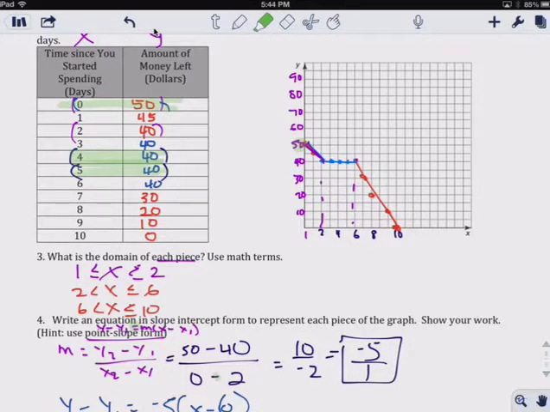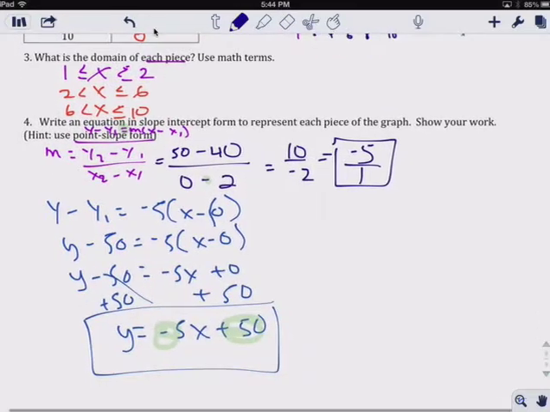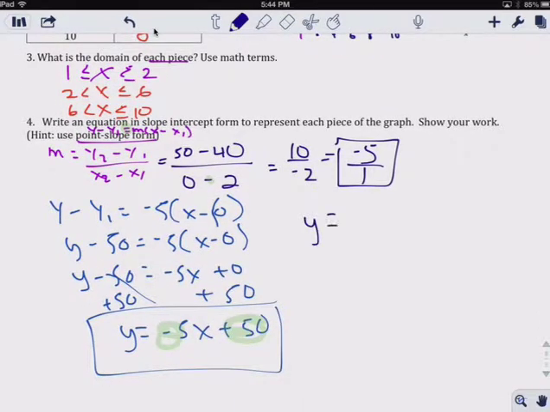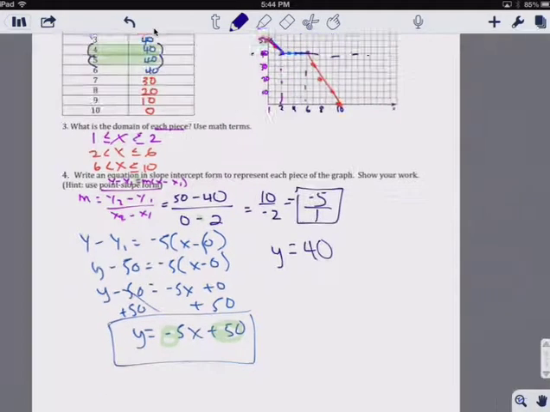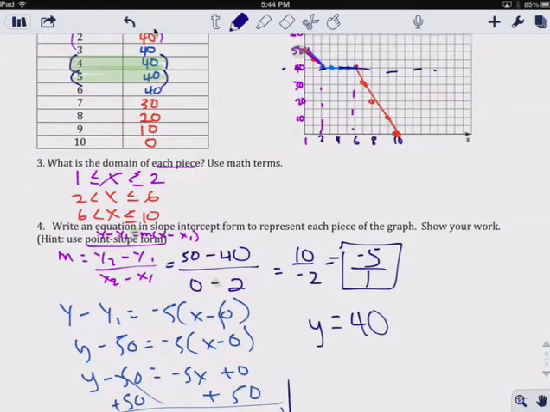So anytime you forget, you can always use point slope. But this is a horizontal line like that, and that is y equals 40. Looking at the graph, y equals 40. If it's a horizontal line, it's y equals something.